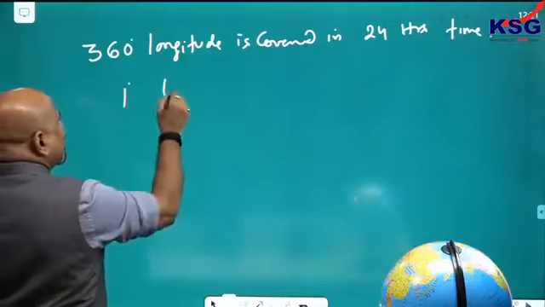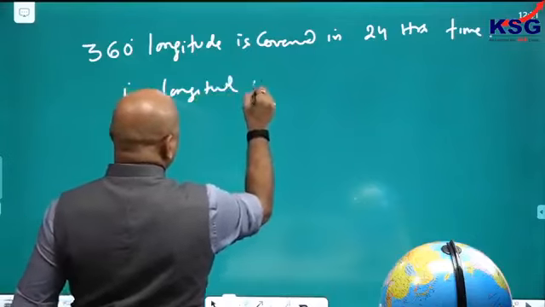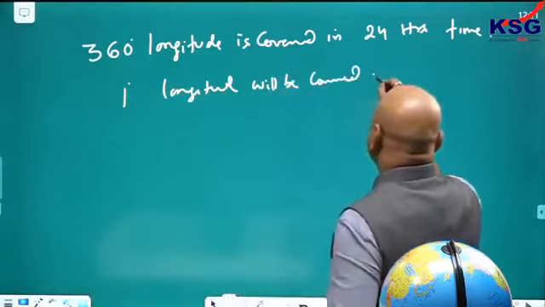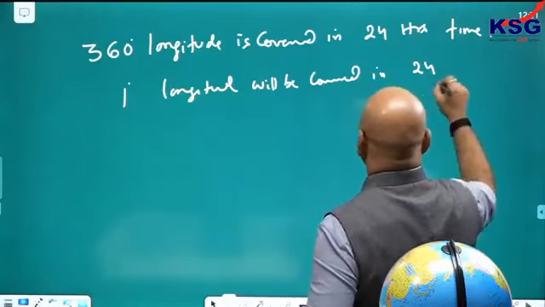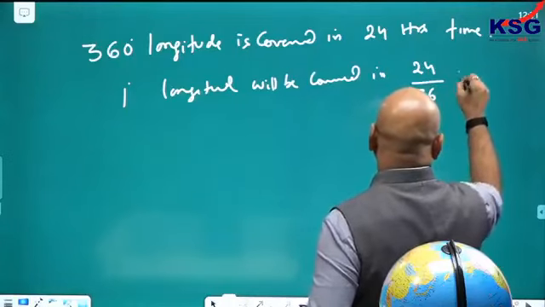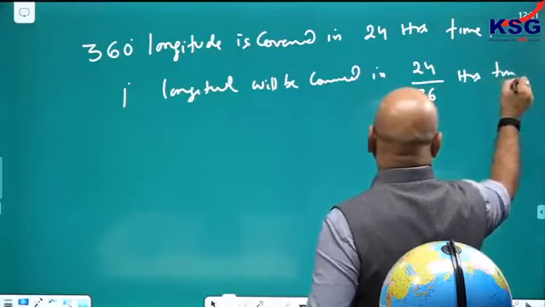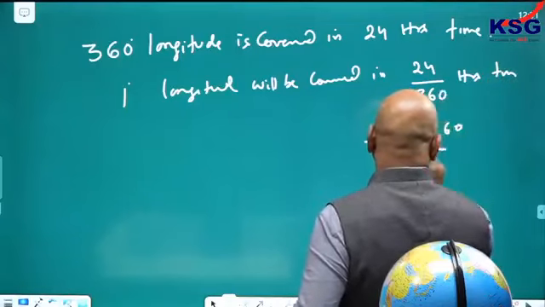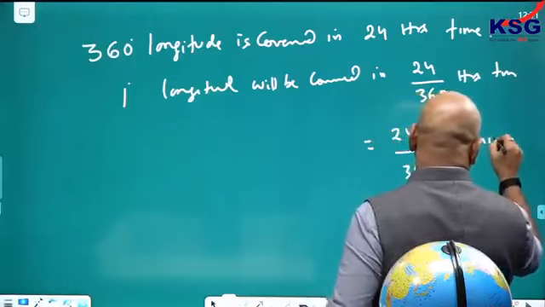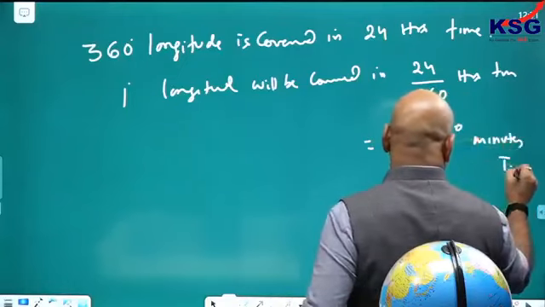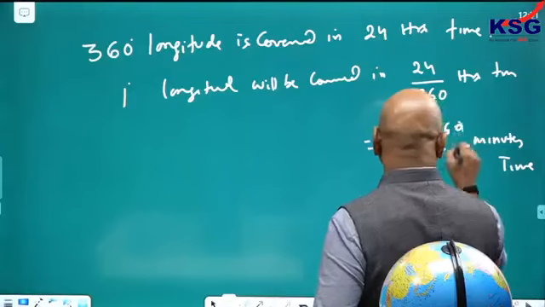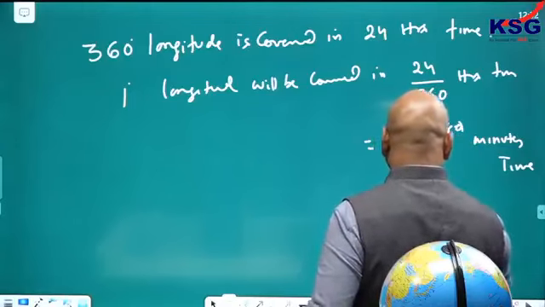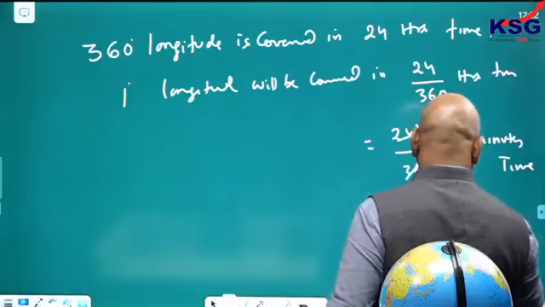So, 1 degree longitude will be covered in 24 by 360 hours time, which equals 24 into 60 by 360 minutes time, which equals 4 minutes time.